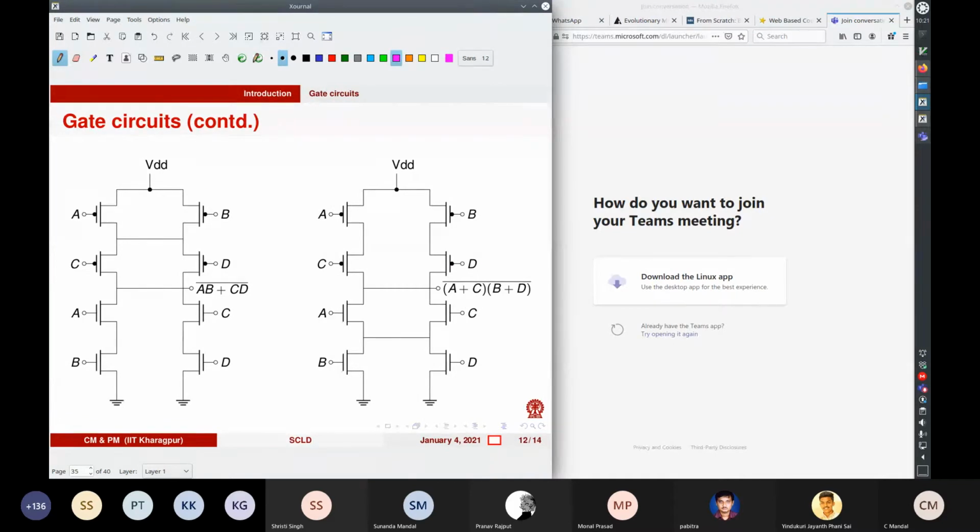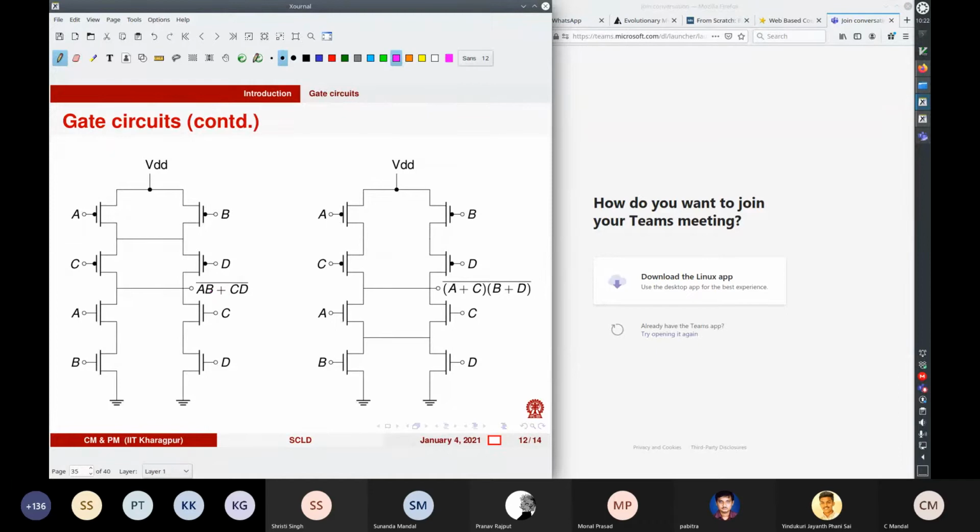So just see, what you said is that your function is, if you look at this, this is the AND-OR-invert gate.